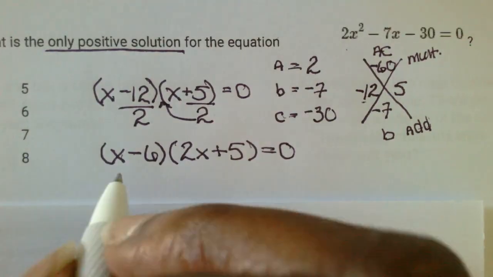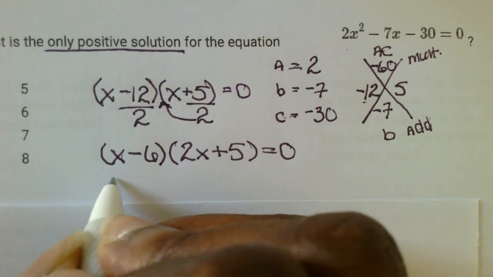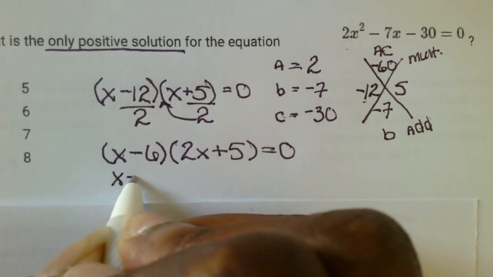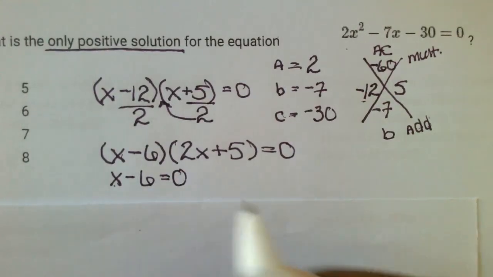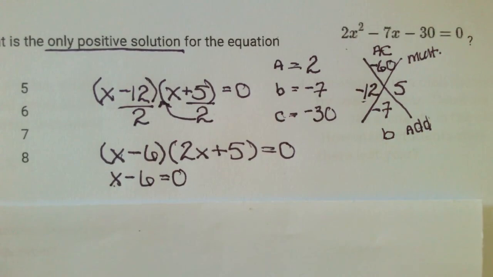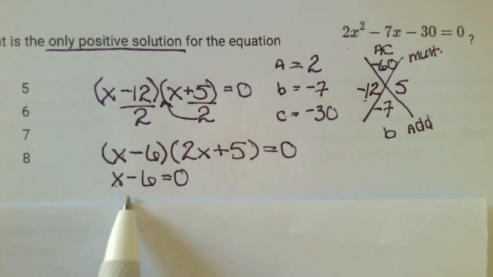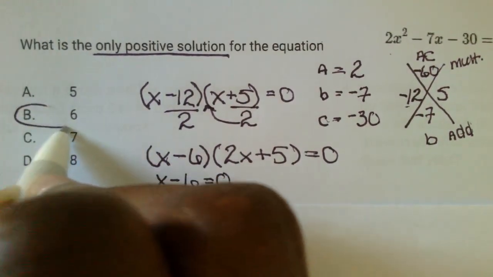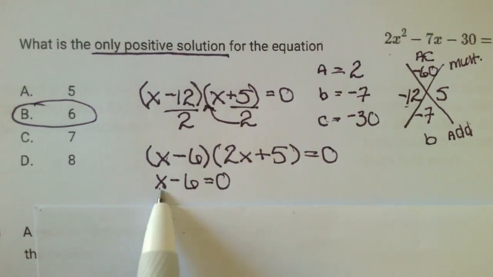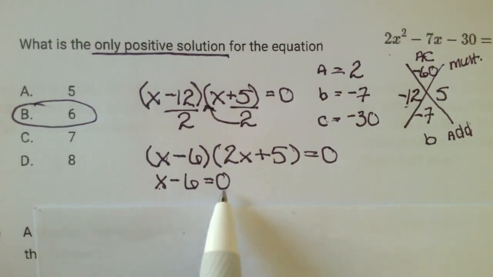What number for x is going to make this equation equal to 0? Well, the only thing that it will equal 0 is 6, because 6 minus 6 will give me 0. So you can add 6 on both sides and you will get x is equal to 6.